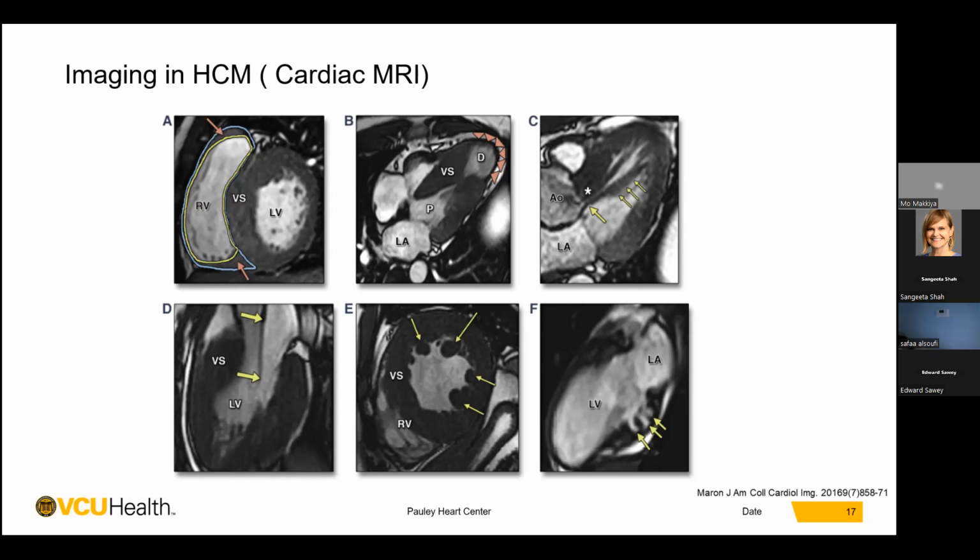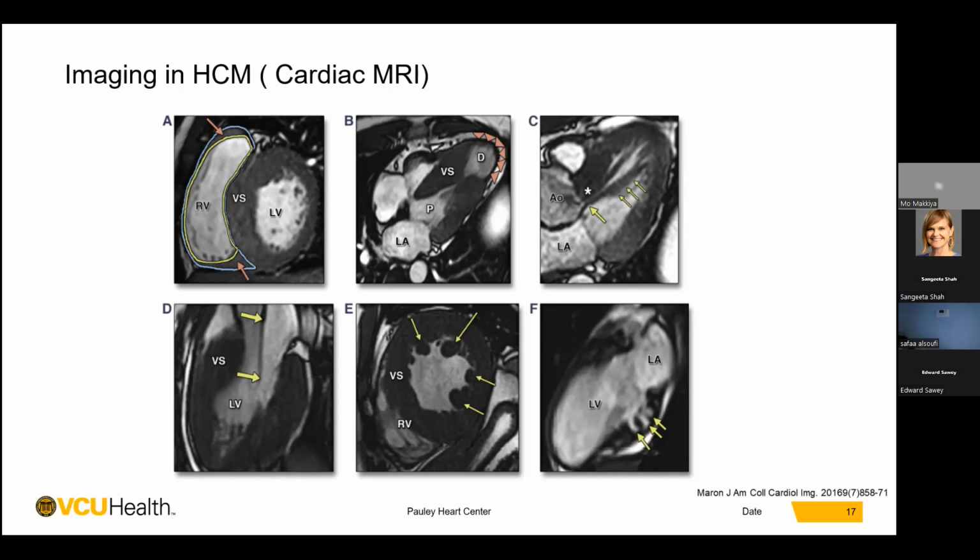And then we can easily recognize the different phenotypic expressions that sometimes are not very well recognized by 2D echocardiography. These MRI pictures that I'm showing here show different phenotypes of HCM.